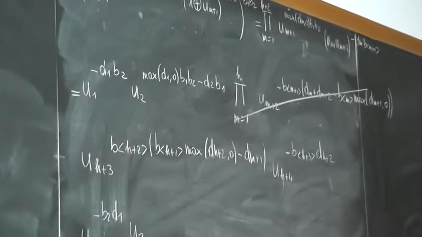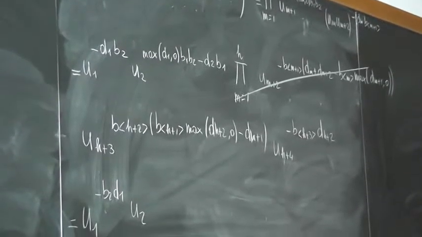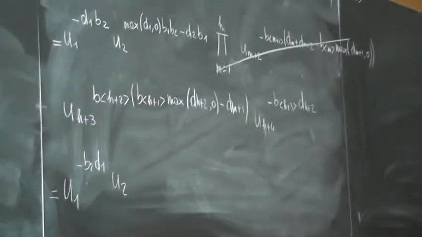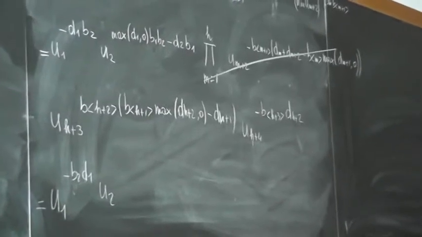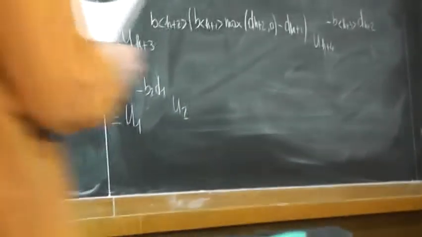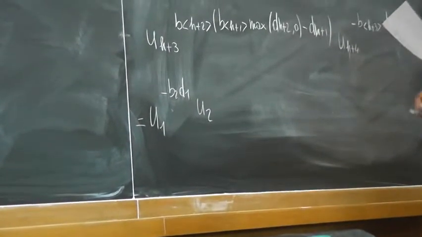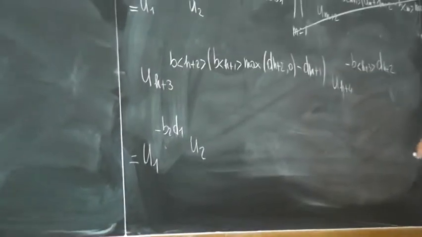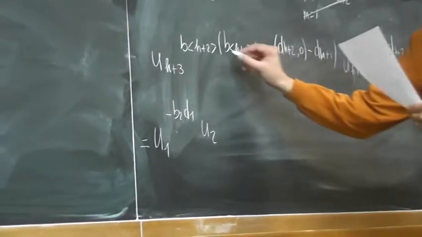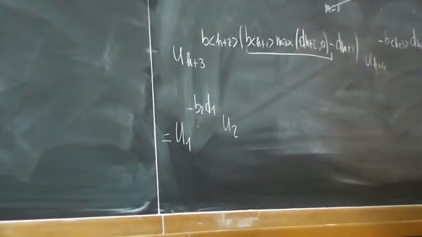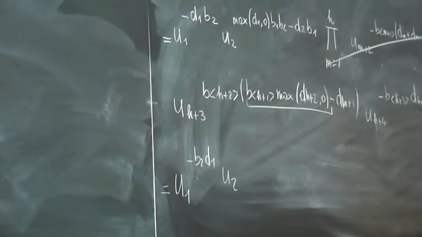So I'm using this relation with m equals 0 is 0 plus d2. So this here should be d0 plus d2. Is it correct?